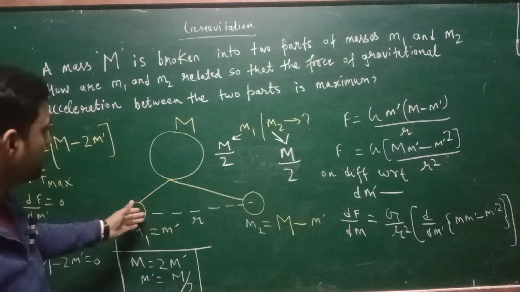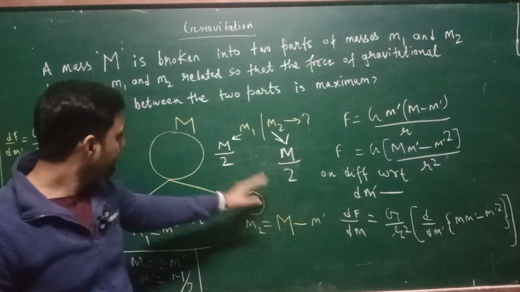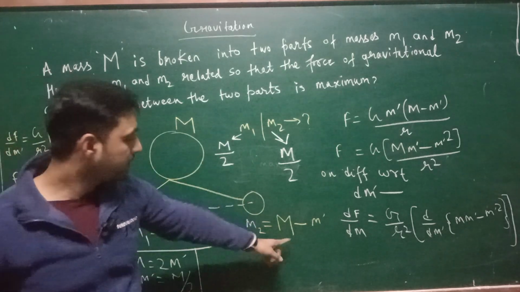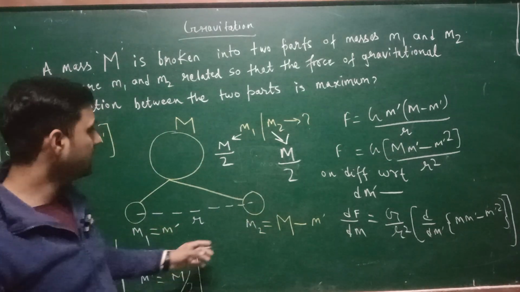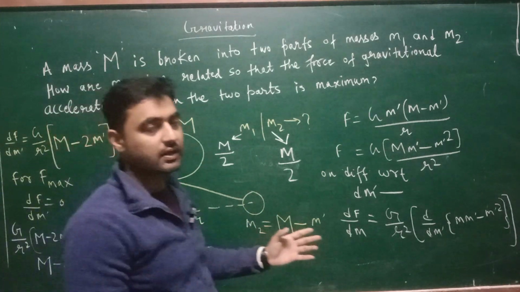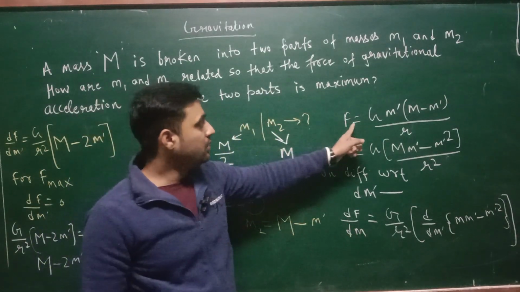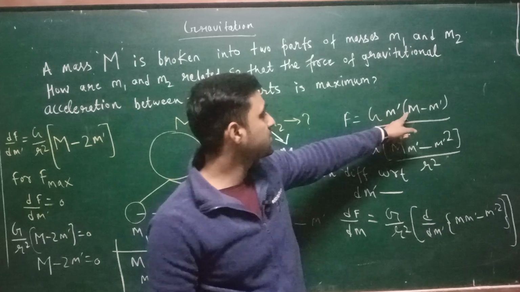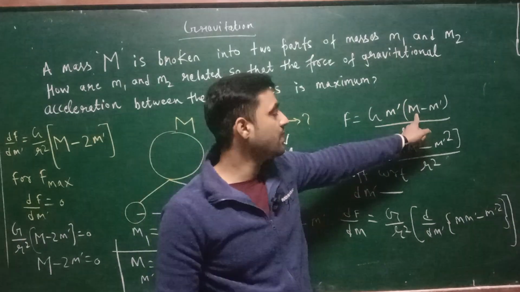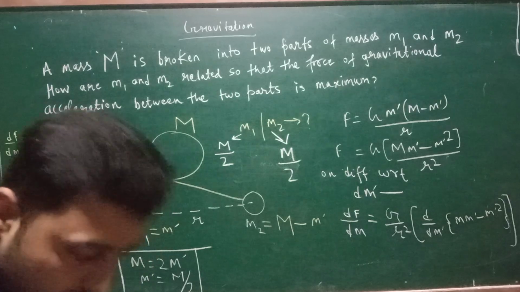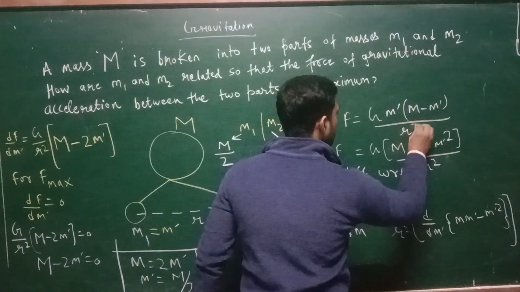So उस हिसाब से m2 का मास हो जाएगा बड़े वाले स्फीयर का मास माइनस m', यहाँ पे हमने लिख दिया. उसके बाद हमको पता है कि what is the formula for gravitational force between the two masses, that is capital G times of m' multiplied by M minus m' divided by r square. Sorry, pardon me please, यहाँ पे r square होना चाहिए था.